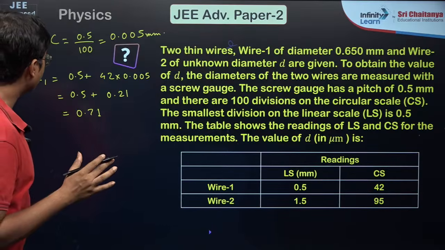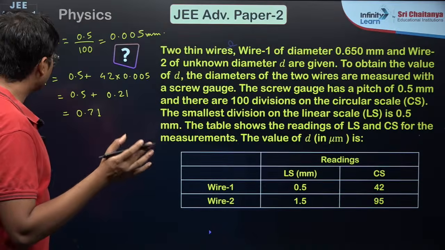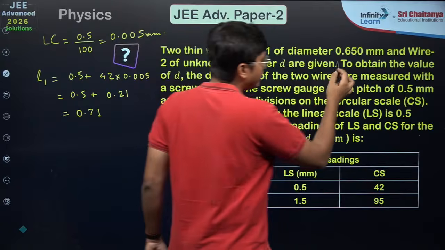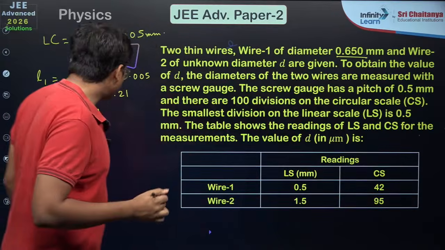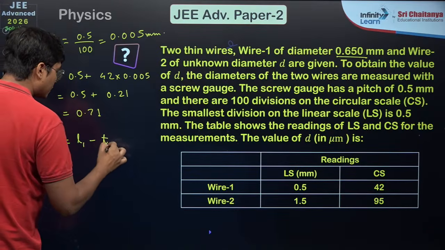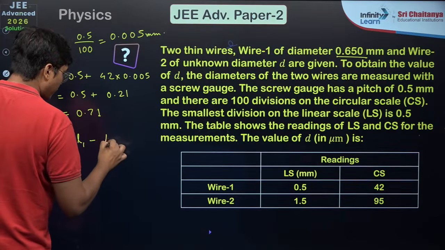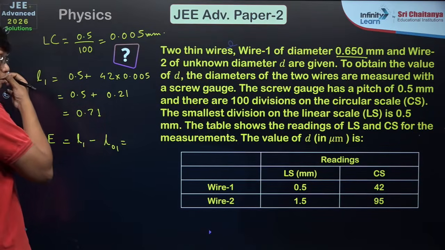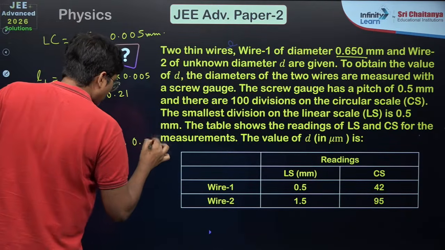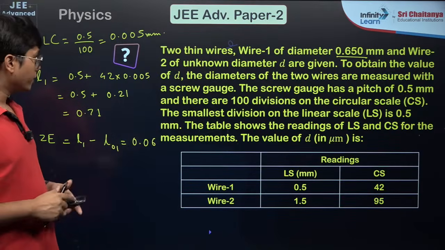Yes, we did it correct. That is L1. Now you see, actual measurement is 0.65. So what is the zero error? Zero error is L1 minus L01, the measured value minus the actual value, which is 0.71 minus 0.65, which is 0.06. This is a positive zero error.